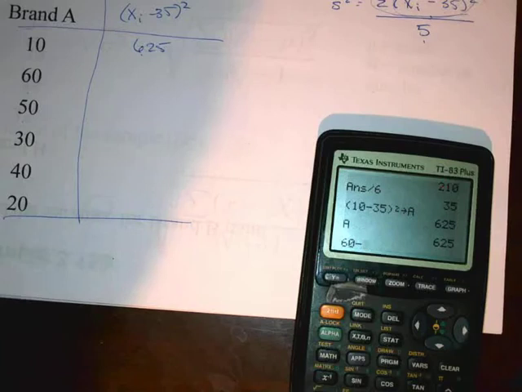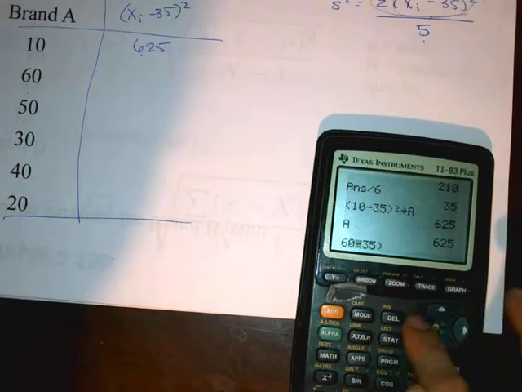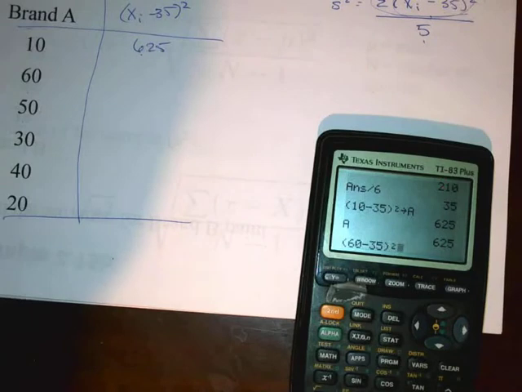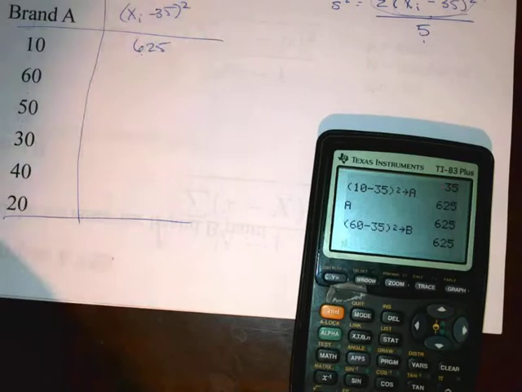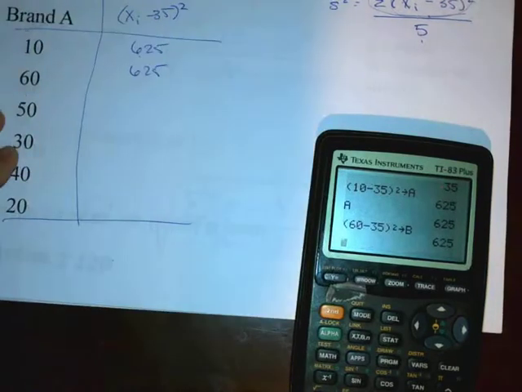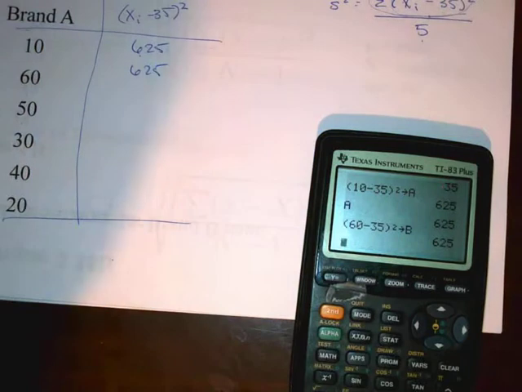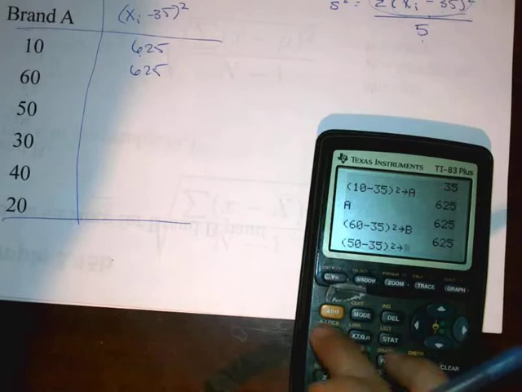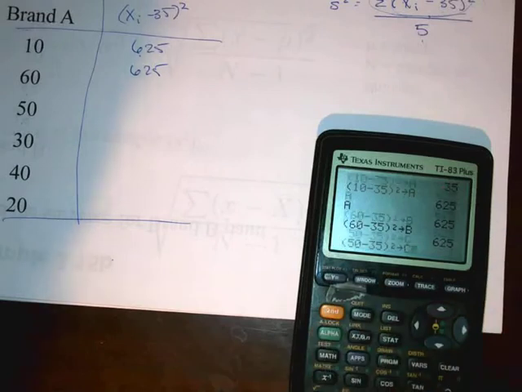The next one is 60. So we're going to go 60 minus 35 squared. I'll store that as B. So there's 625. 50 is 50 minus 35 squared.